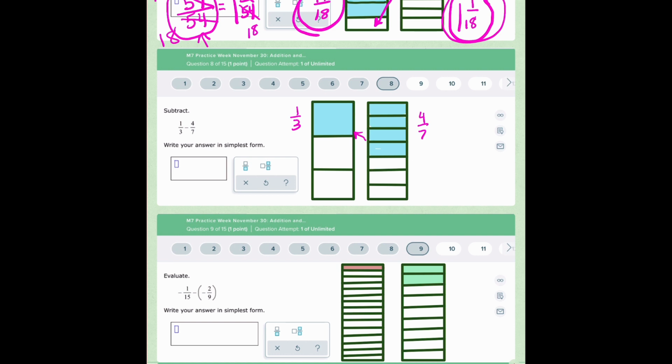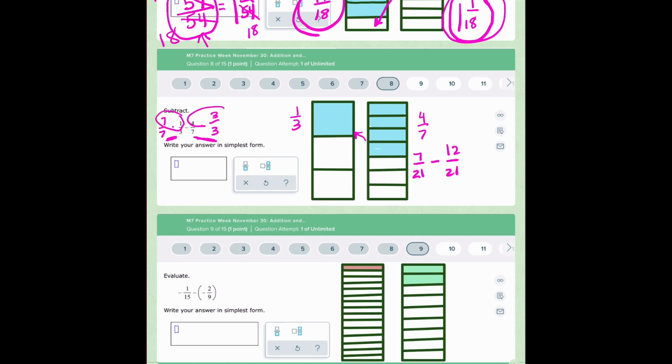So let's just go ahead and multiply by 7s over here and 3s over here. So we're gonna have, I'll just write it out here, 7 over 21 minus 12 over 21. So 7 times 3 is 21. That's our common denominator we wanted. We had to do 7 times 1 on the top here.